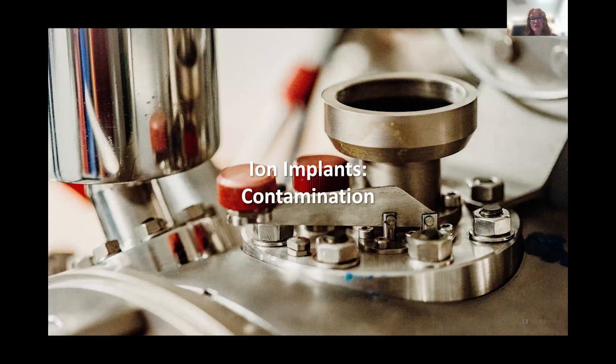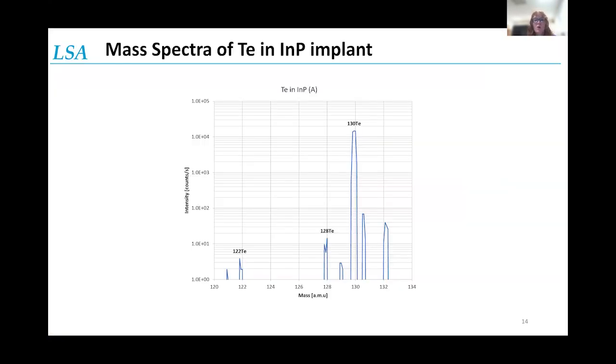So, contamination that's possible in ion implants. When we get an implant, the first thing we do is run a mass spectra. We check which ions or which masses have been implanted into the sample. This implant was a 130 tellurium implant into indium phosphide.